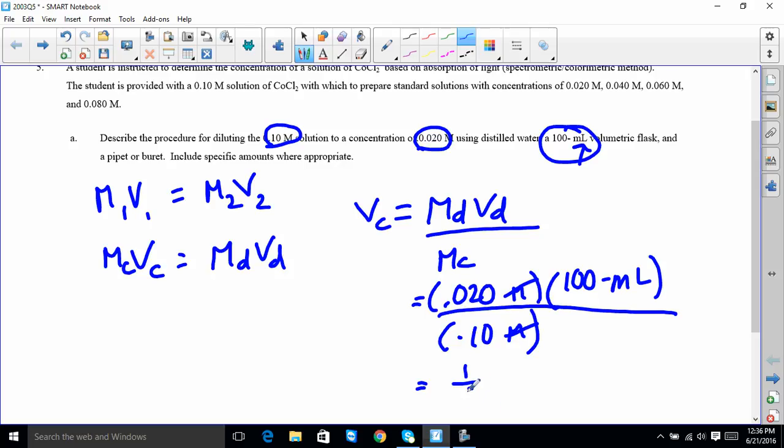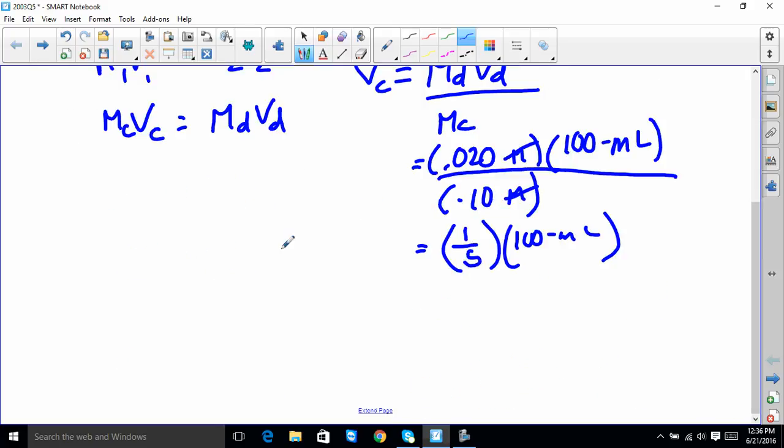This is 1/5 of 100 mils, and then 1/5 of 100 mils is 20. And then we're going to answer this in sentences. But without a calculator, this wasn't a bad problem. This has 2 sig figs, this has 2 sig figs, this has 3. I would probably do something like this. And then describe a preparation.